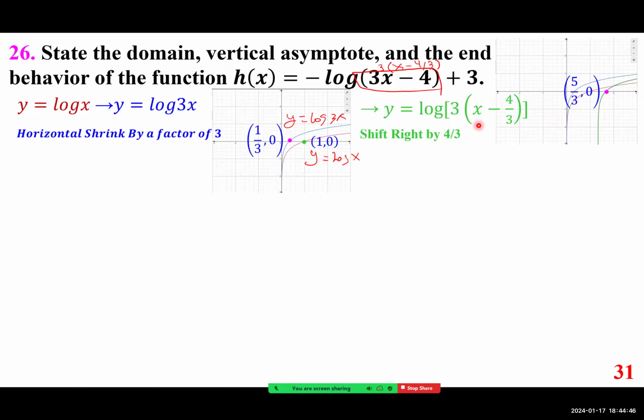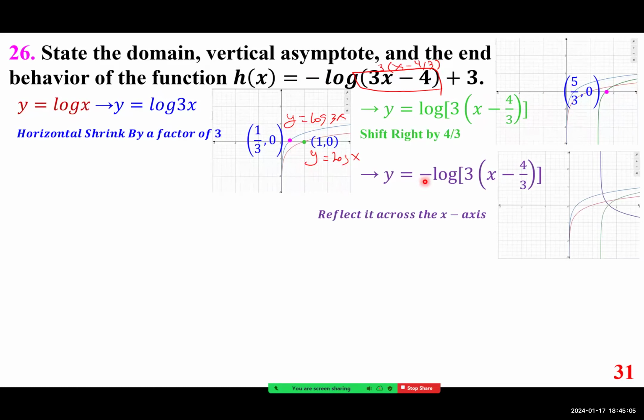If I put a negative in front of the function, this last one, this green one, will flip over with respect to the x-axis. So I put a negative in front of it. It flips over. Okay, it reflects across the x-axis. So this green one now becomes this purple one.